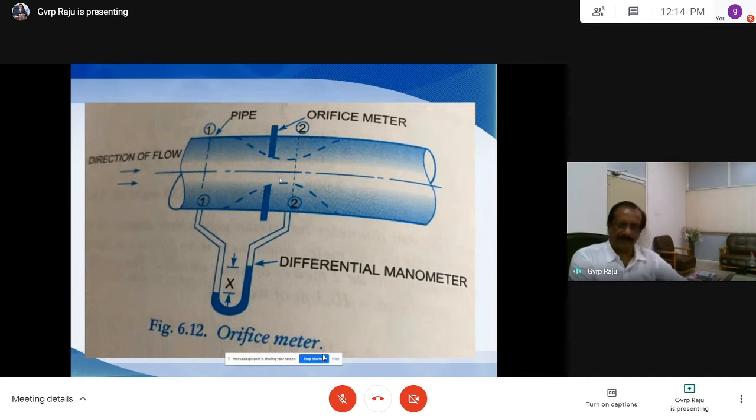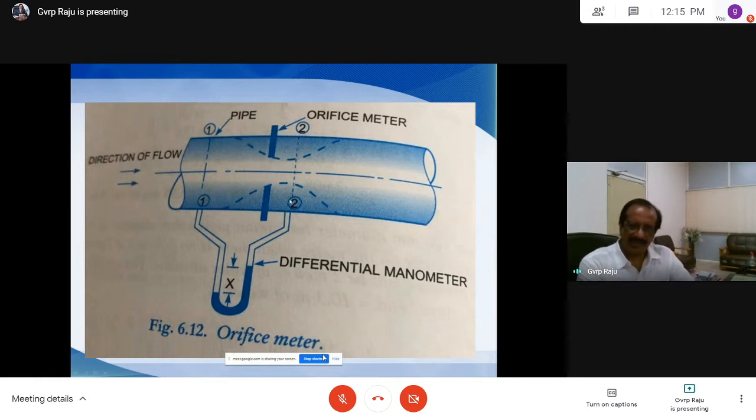In the orifice meter, we have an important point to note. When water is reduced here, the flow area is reducing and again increasing. This is the jet. The jet area is reducing and then increasing. This is the section at which the jet has minimum cross-section area.